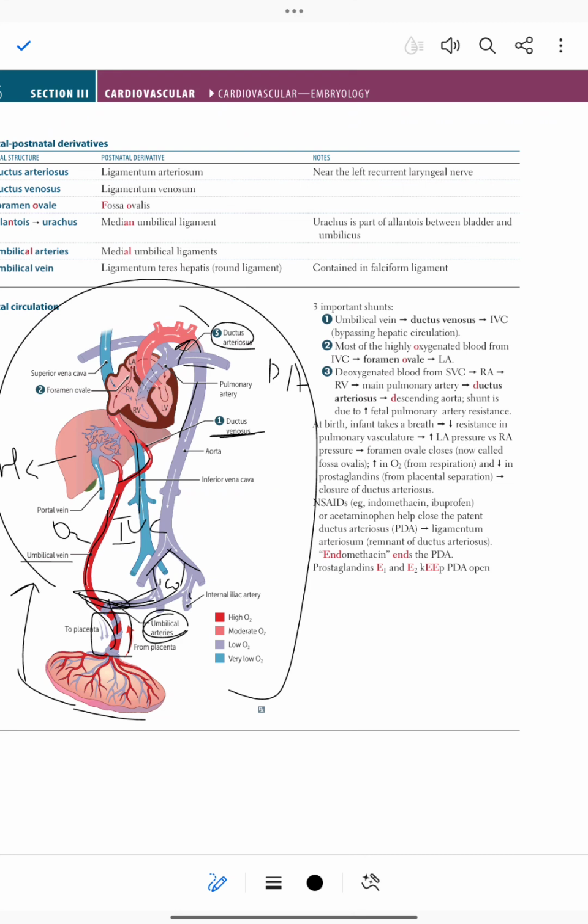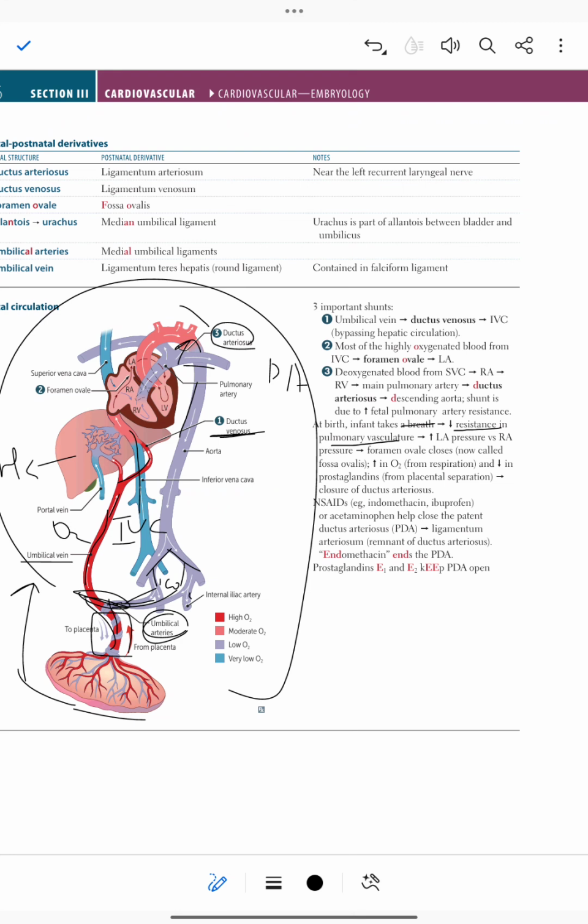And at the birth, after birth, infant takes a breath. Then oxygen enters the lung. Then pulmonary capillaries dilate, so it can lead to decreasing of pulmonary vascular resistance.